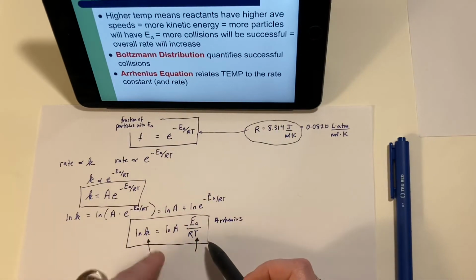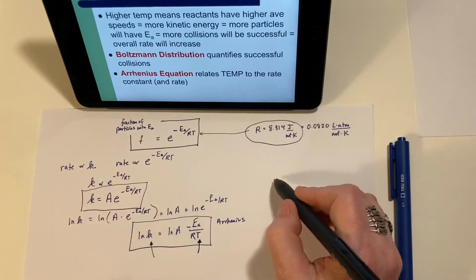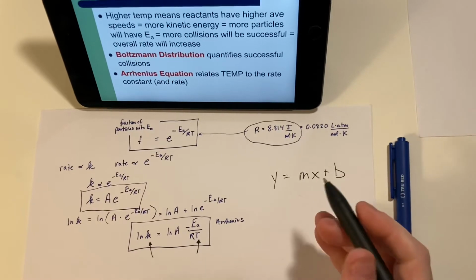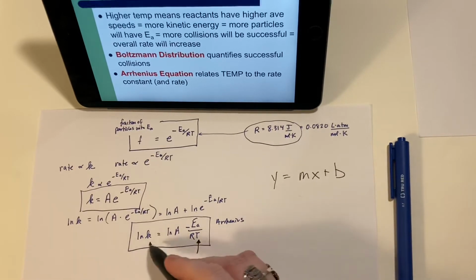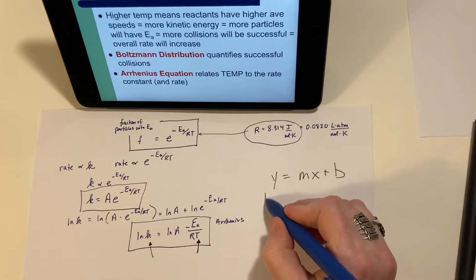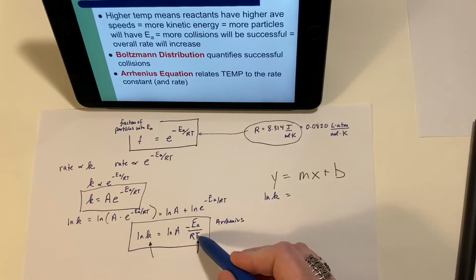Interestingly enough, this equation is in the form of a straight line, y equals mx plus b. We love straight lines. How so? The y value is the natural log of the rate constant. The x is temperature.